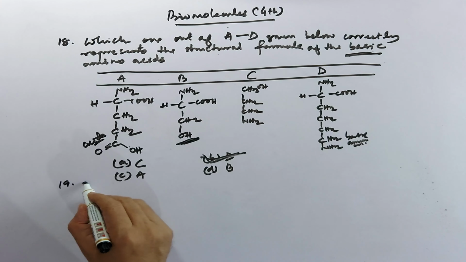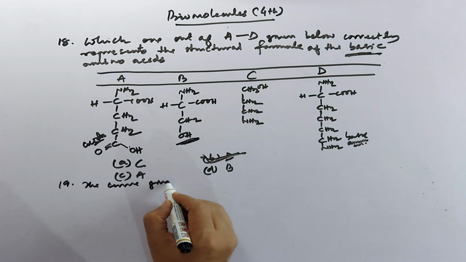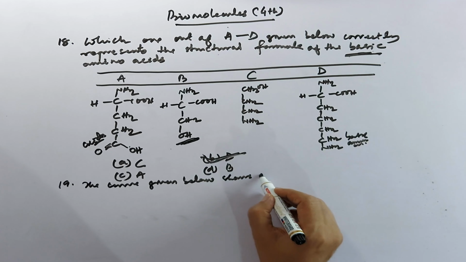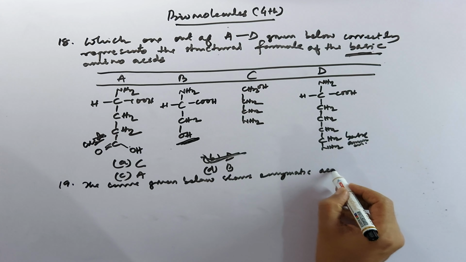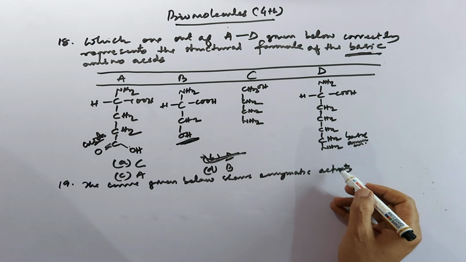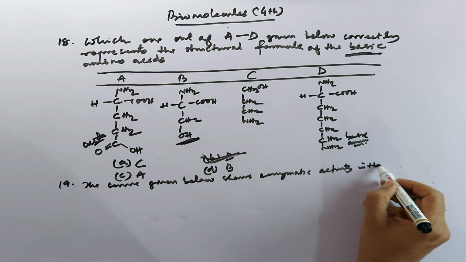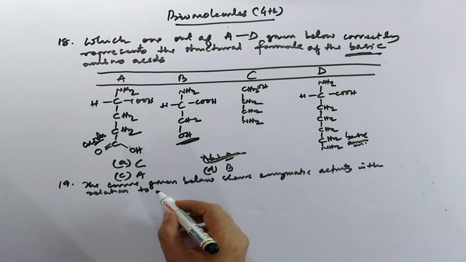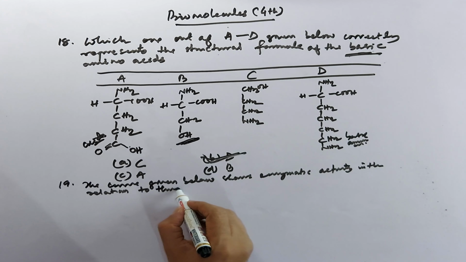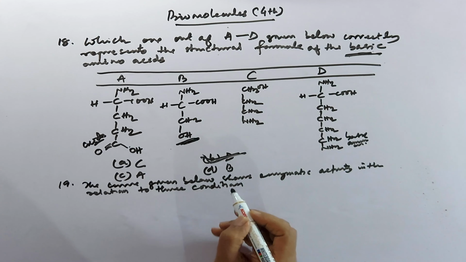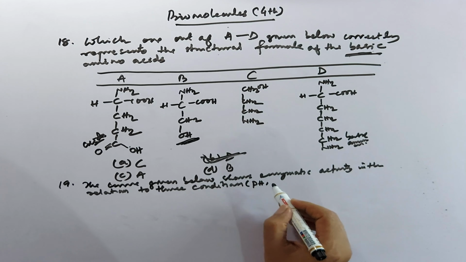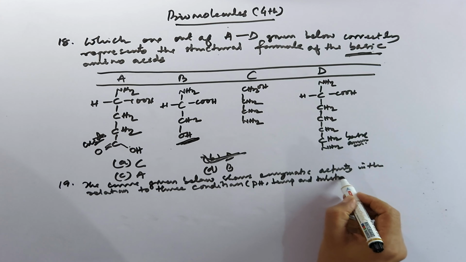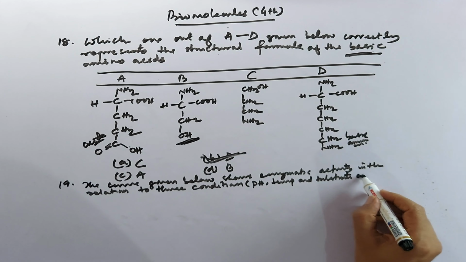The curve given below shows enzymatic activity in relation to three conditions: pH, temperature, and substrate concentration.